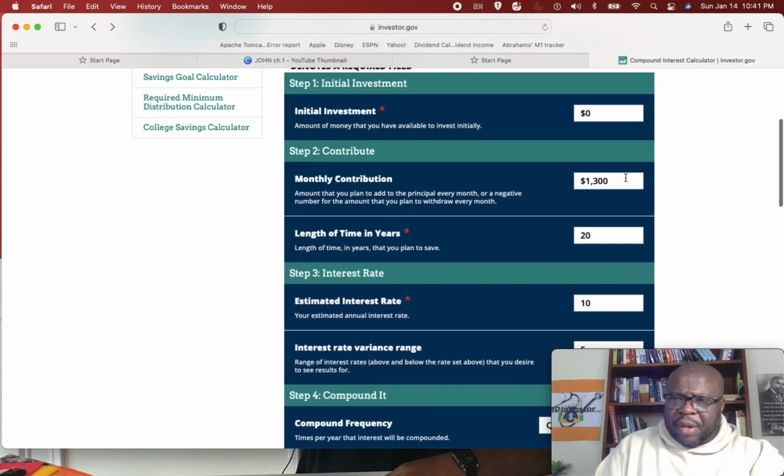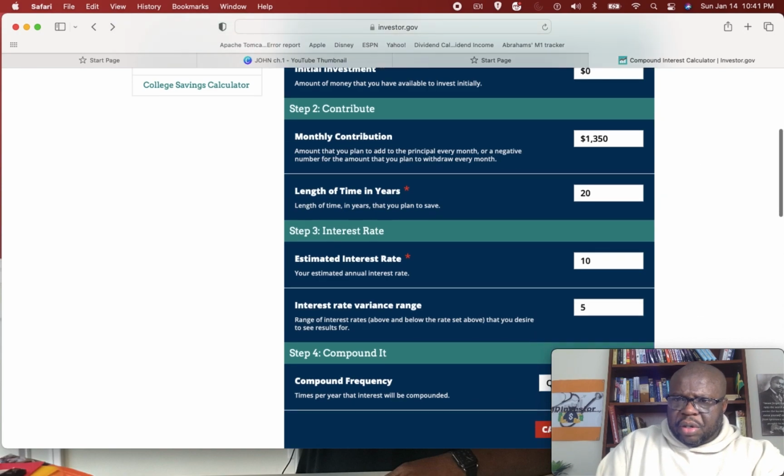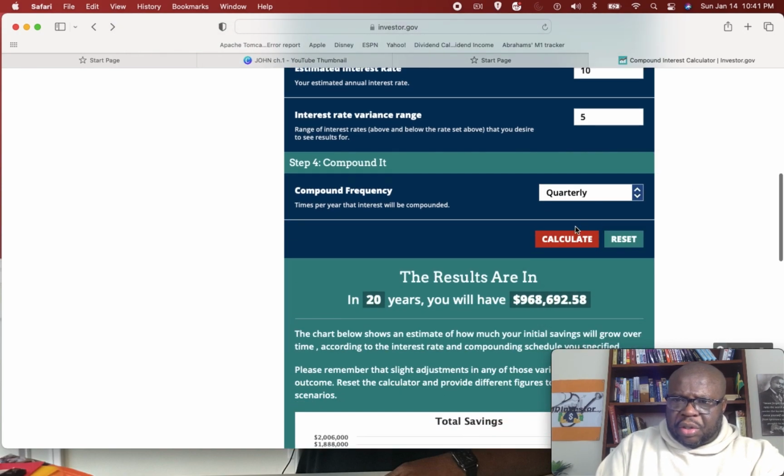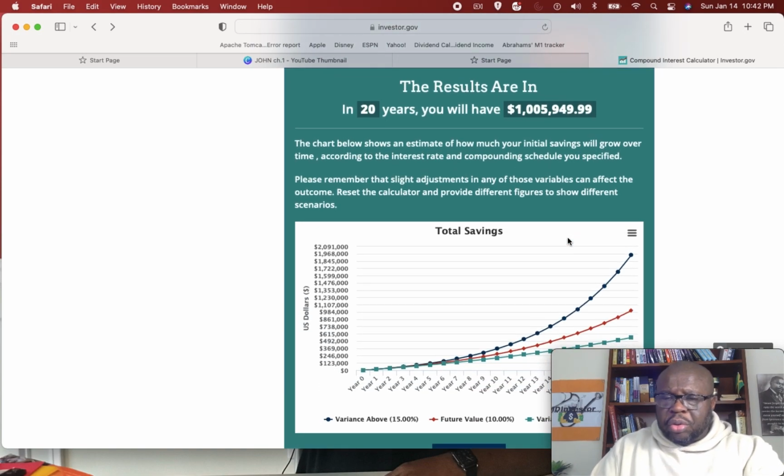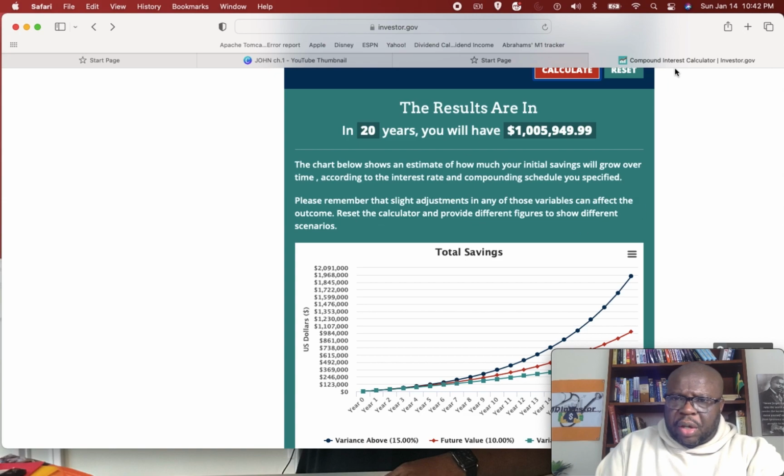So it looks like it's gonna be about $1,350 a month in the S&P 500 in about 20 years that would make you a millionaire.